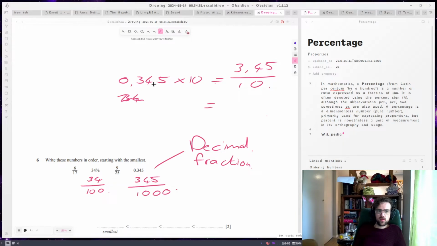Okay. So what if I do 0.345 times 100? That'll give me 34.5 over 100. So where I have multiplied on the one side, I divide on the other side. I know this is very, very basic, but if you're ever stuck, you will come back to this.